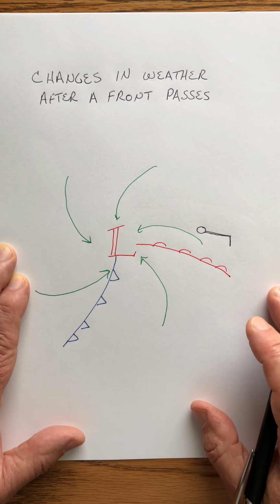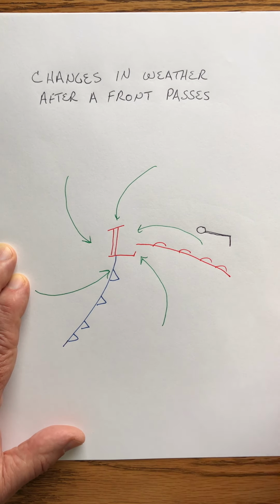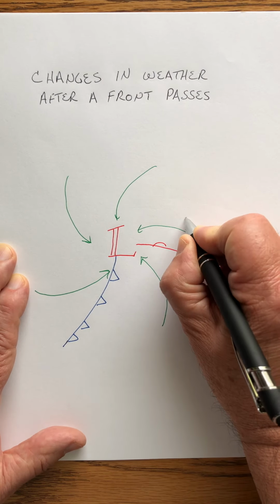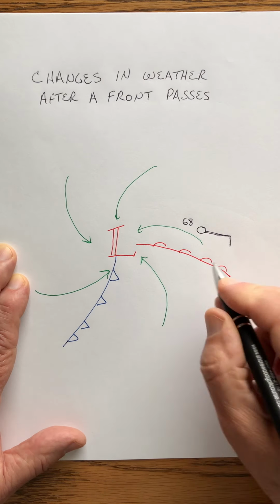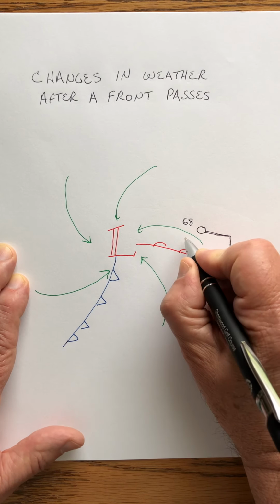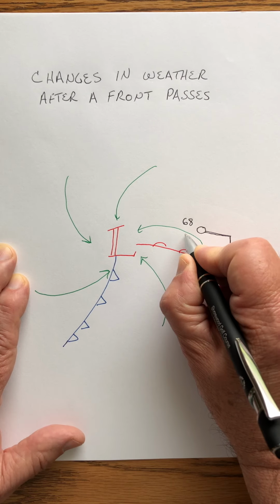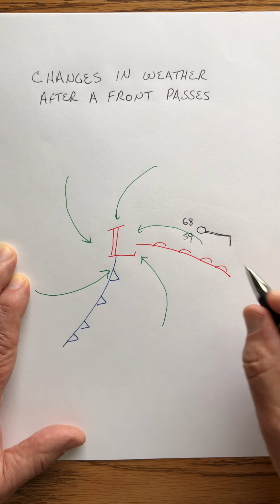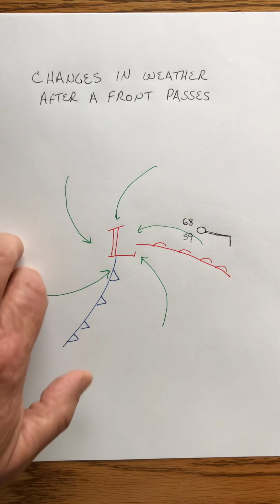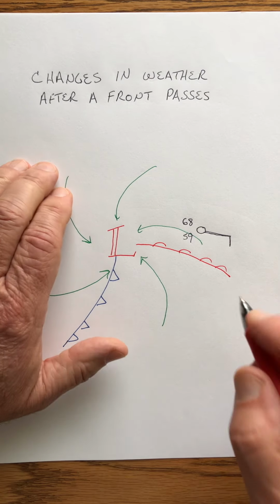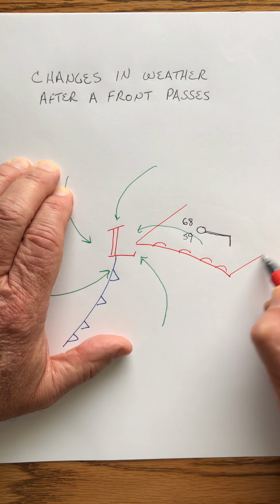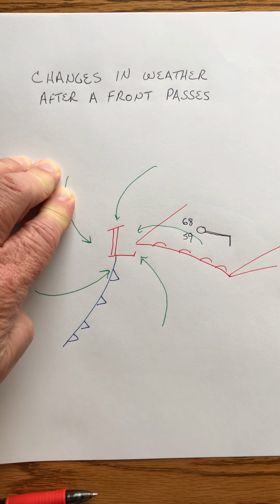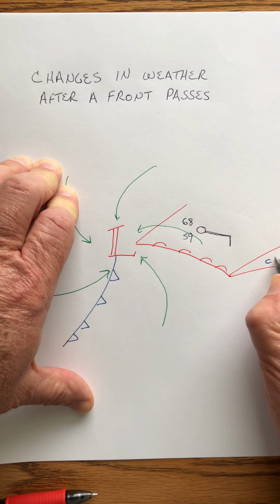And I'm going to put in a representative temperature of maybe 68 degrees and a dew point of maybe 59. We can kind of draw this in 3 dimensions if you wanted to. Remember, this is going to look kind of like this. This is the wedge of continental polar air that is retreating.